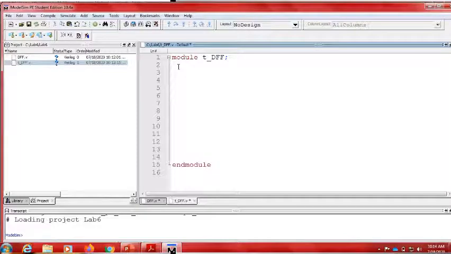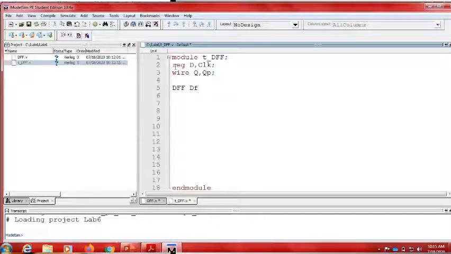Then we have to define our inputs as reg: reg D and clock, and wire Q and Q prime.